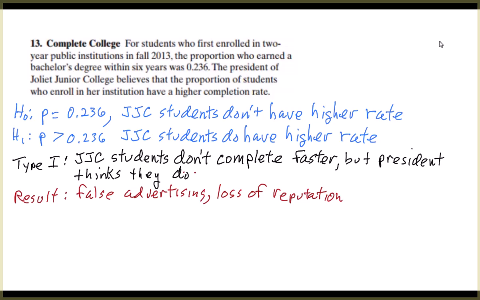Colleges are businesses, they're competing for your business. After they do that, then people go, wait a minute, that's not really true. Joliet's lying to us. You don't get out any faster at Joliet than you do anyplace else.